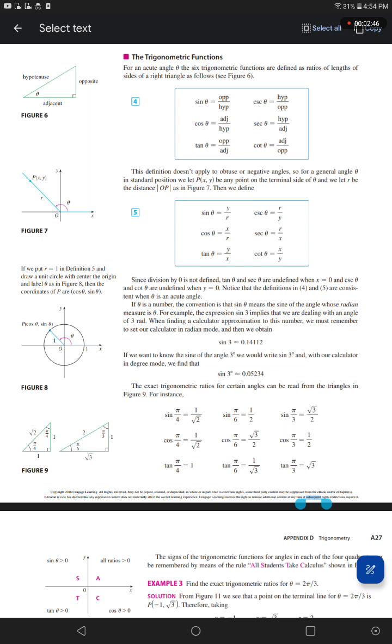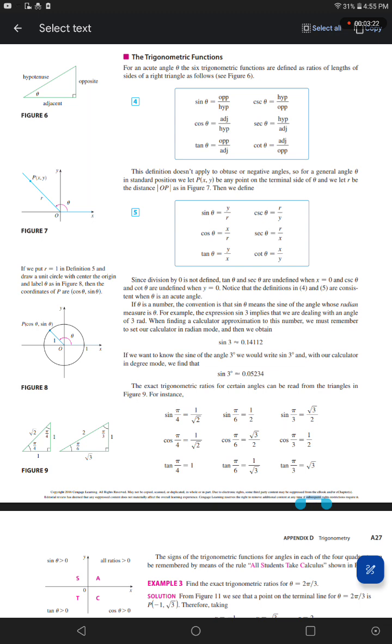Sidebar, if we put r equals 1 in definition 5 and draw a unit circle with the center at the origin and the angle labeled as theta, as in figure 8, then the coordinates of P are (cosine theta, sine theta).